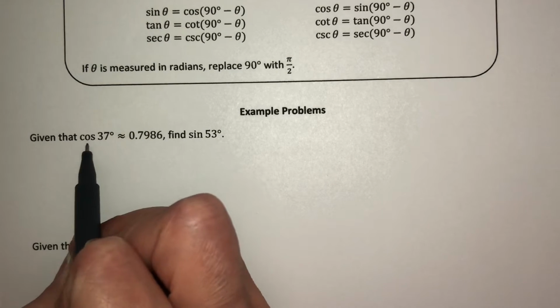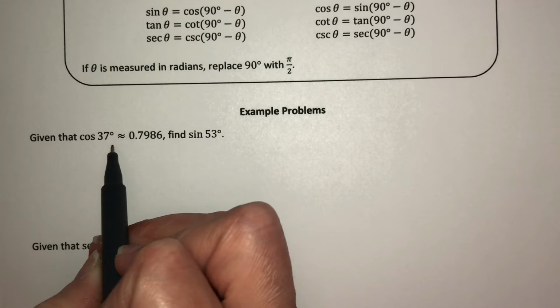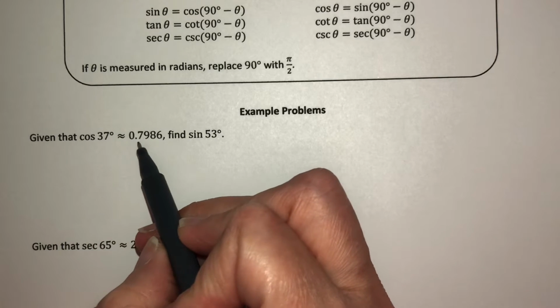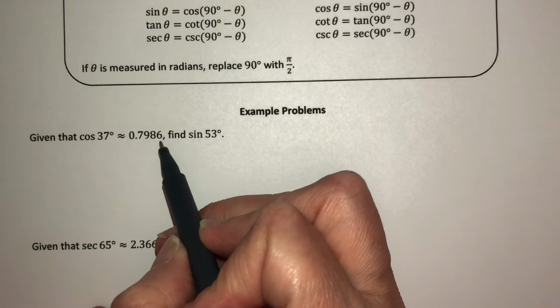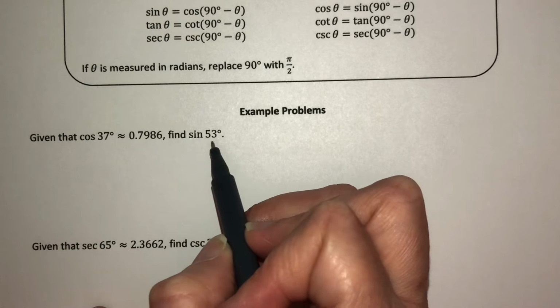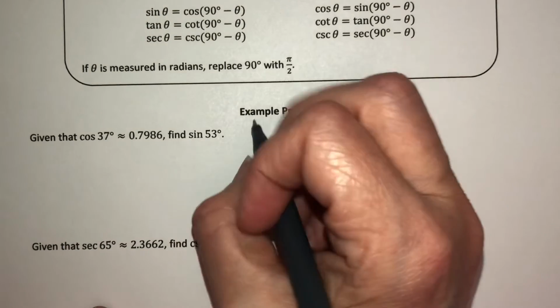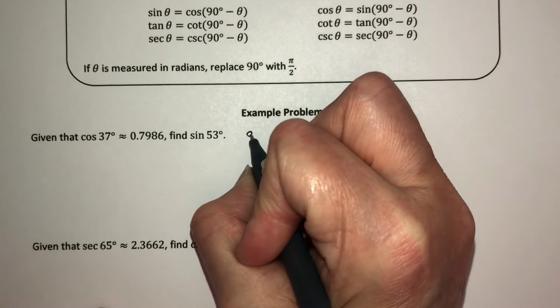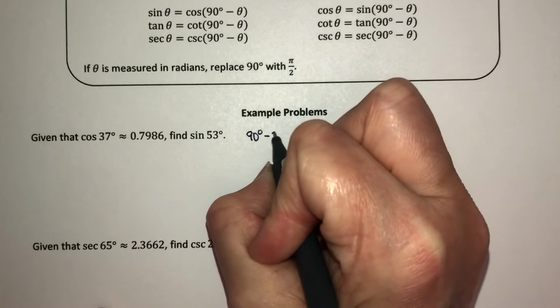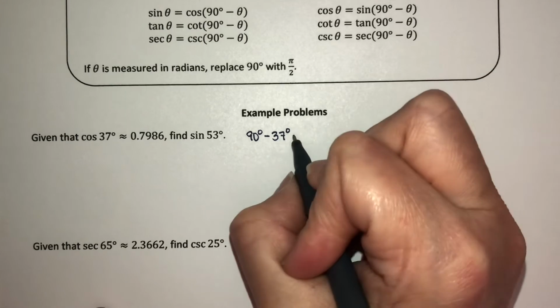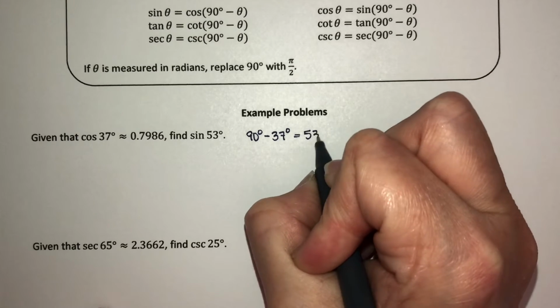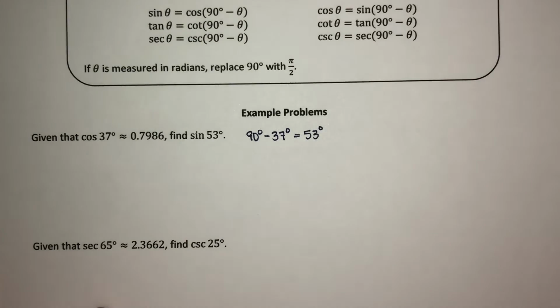Given that cosine of 37 degrees is approximately 0.7986, find sine of 53 degrees, okay? First off, notice that 90 degrees minus 37 degrees gives me 53 degrees.